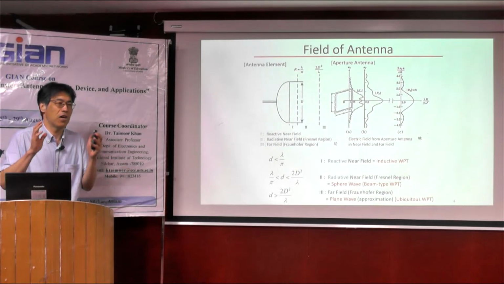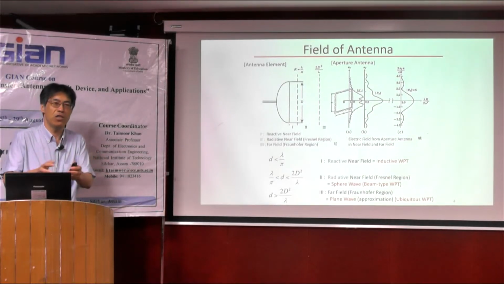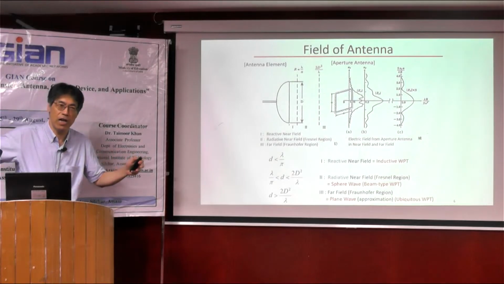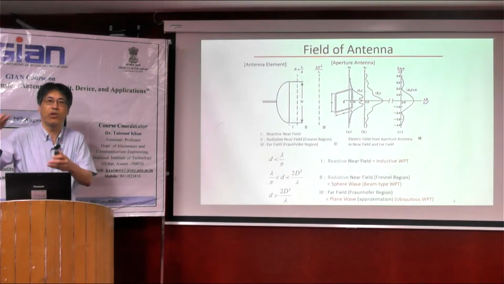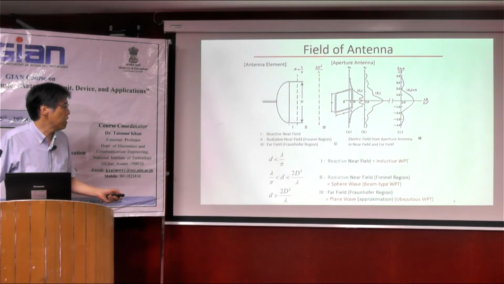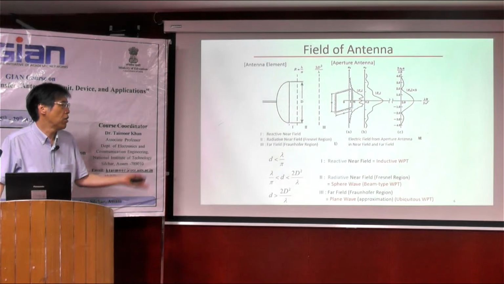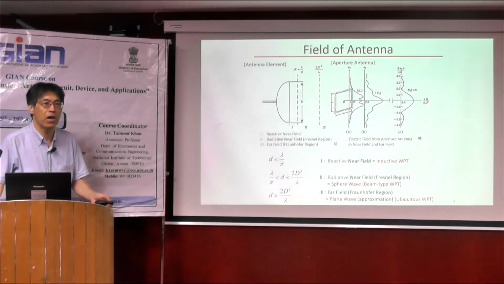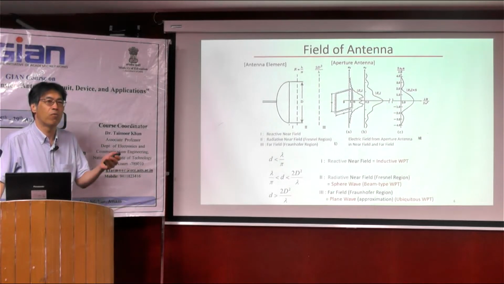This is the real result of Maxwell's equations. But when the distance between transmitter and receiver is longer, this spherical wave can be assumed as a plane wave. So in this far field, or Fraunhofer far region, the originally spherical wave can be assumed as a plane wave. This is the usual distance for Wi-Fi, mobile phone, or others.